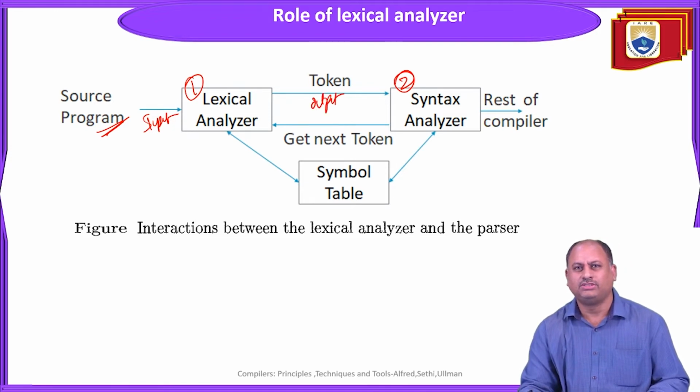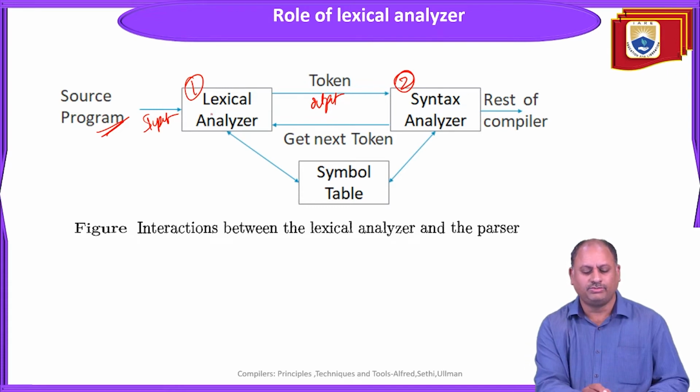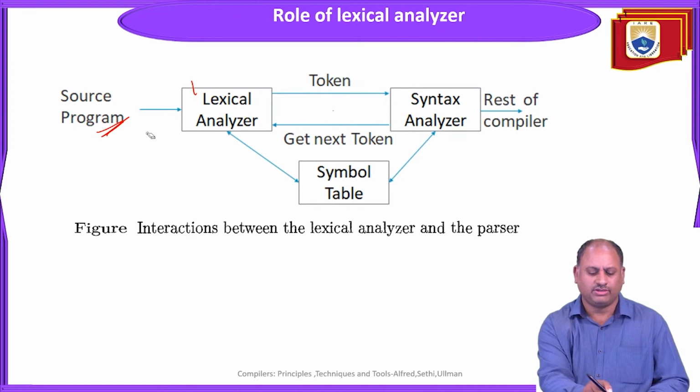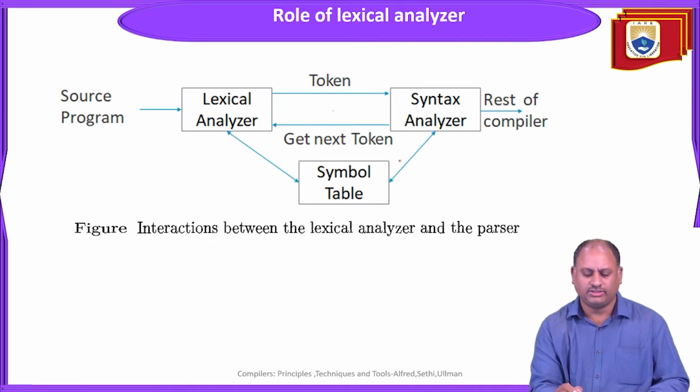The lexical analyzer accepts the program given by the user and then generates the tokens. The symbol table is also required, which stores the referential information. Based on that, it accepts the identifier values and gives the link mechanism to them.